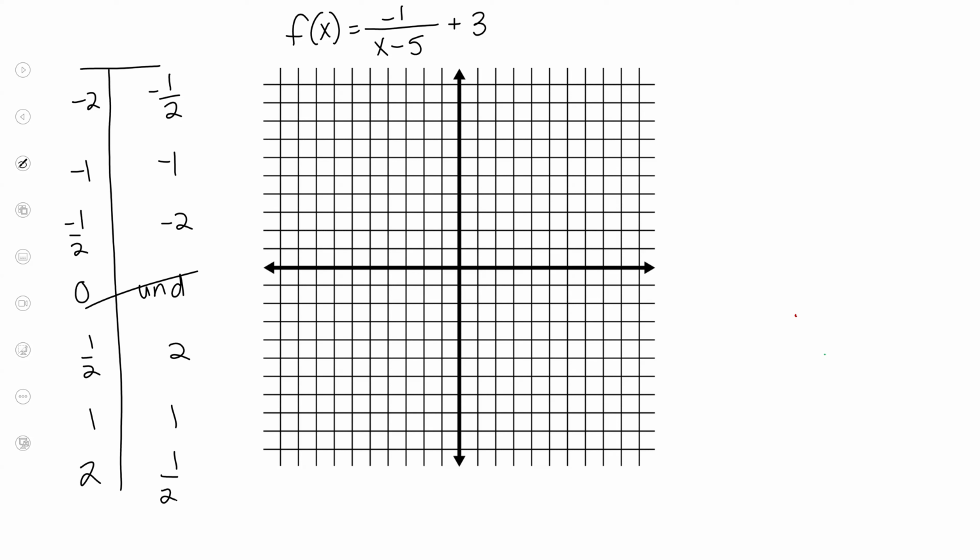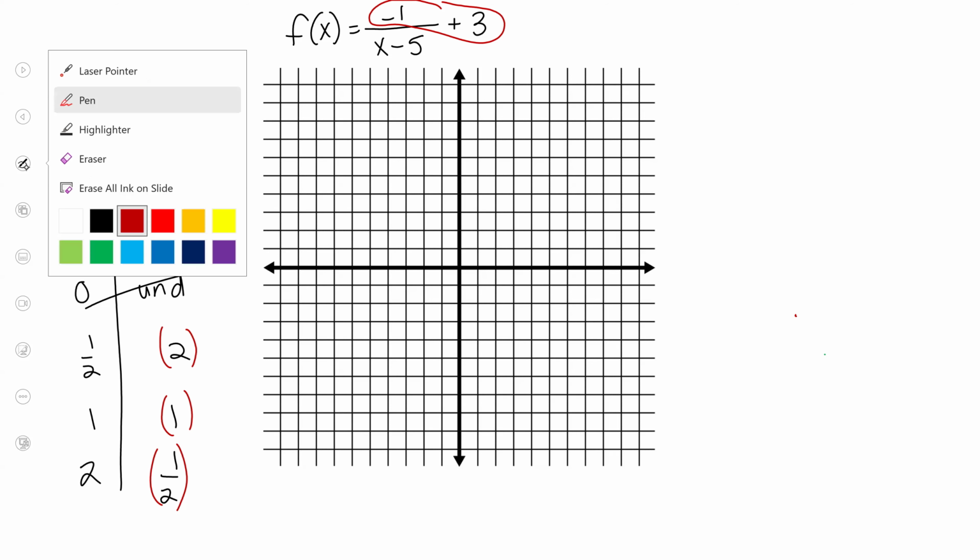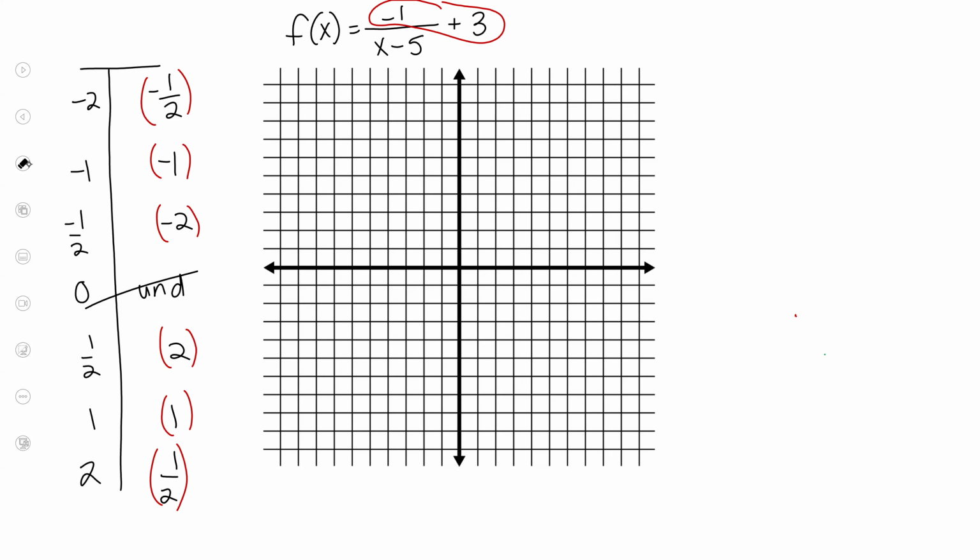Now, remember, all of these affect the y value. So vertical stretch, reflection, this is multiplication. So guys, go ahead, put this in parentheses. I'm going to multiply all of these by your a value. Your a value goes here. What's my a value here? Negative 1.